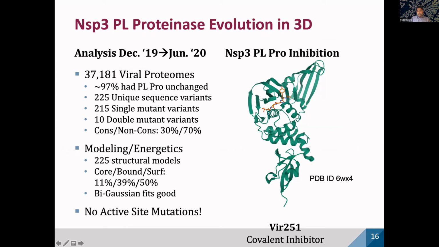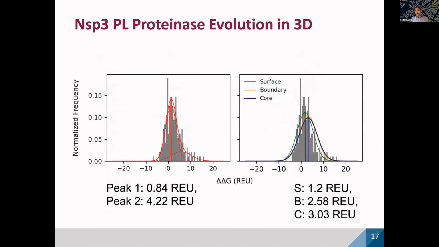Most of the mutations were non-conservative because they were likely occurring mostly on the surface. And in fact, about 89% of the mutations were on the surface or the boundary, and only a small number, around 10%, were in the core. Importantly, there are no active site mutations, suggesting that this protein's active site machinery is conserved in order for this virus to survive, and therefore this would be a good target for therapeutic drug development.